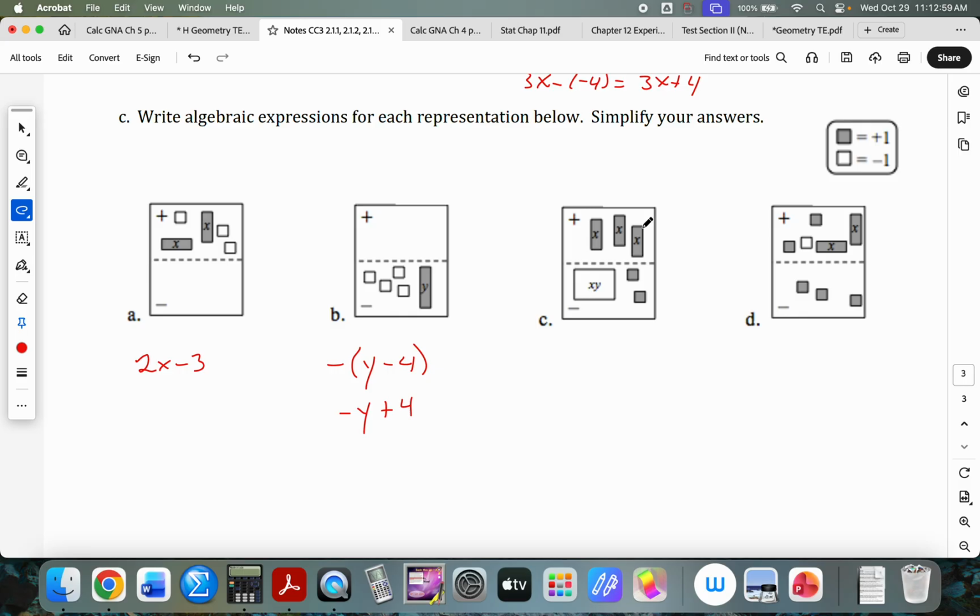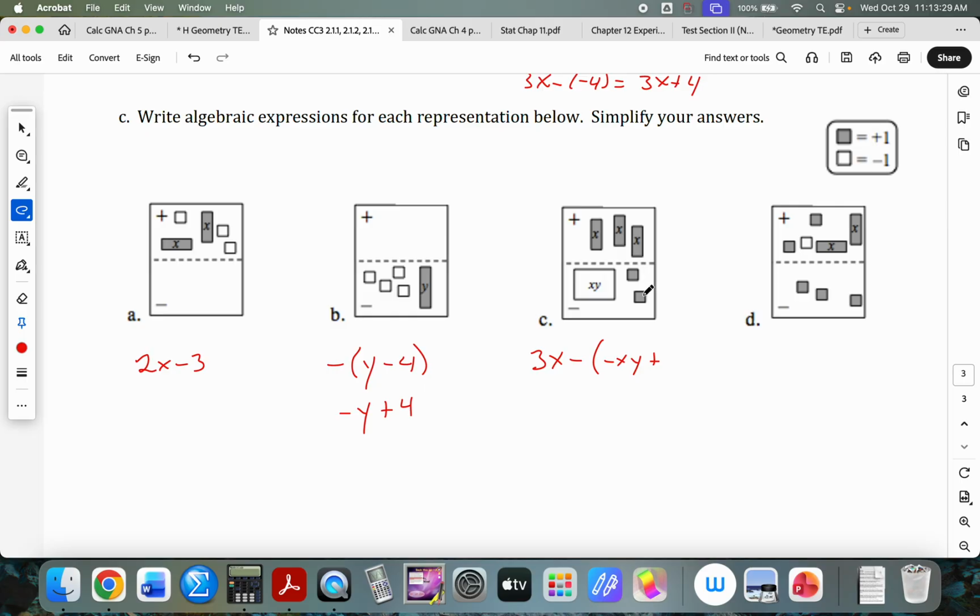All right, let's try this one. So in the positive region, I've just got 3 x tiles. And then in the negative region, and I'm going to put parentheses around this, I've got, is that a positive xy or a negative xy? It's a negative xy plus 2 unit tiles. Are they positive or negative?